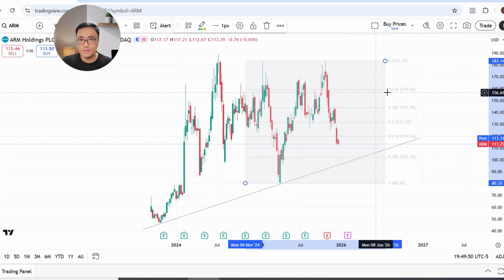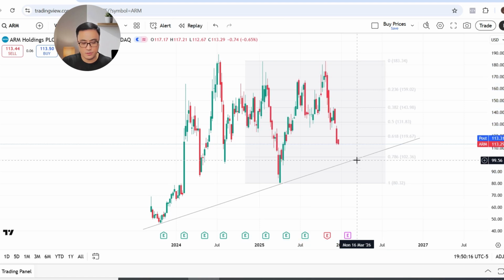And you can see the levels that it can pull down to. It's past the 50.5, it's past the 120, and now the next level is at about 102. It's very possible that it can come down to this level. Now, if we look at local weekly support, we're looking more at about $100.